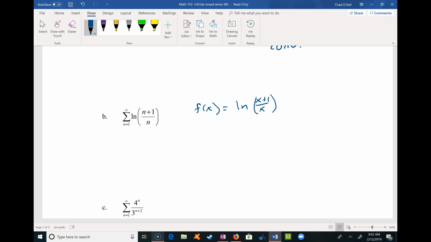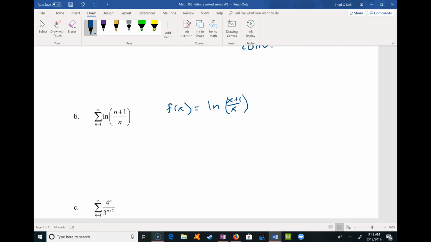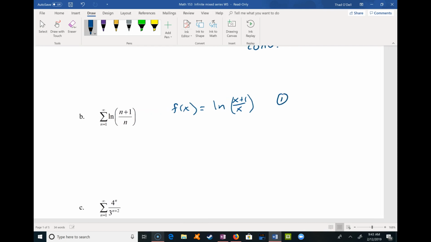And then we want to show that that function is, first of all, always positive, and natural log is always positive once it's bigger than 1. And notice that this is always going to be bigger than 1, isn't it? So in other words, natural log of 1 is 0. If you're taking the natural log of something bigger than 1, it will be bigger than 0.